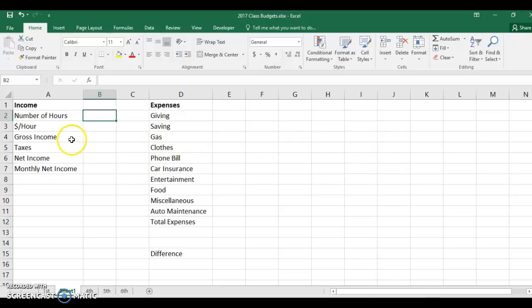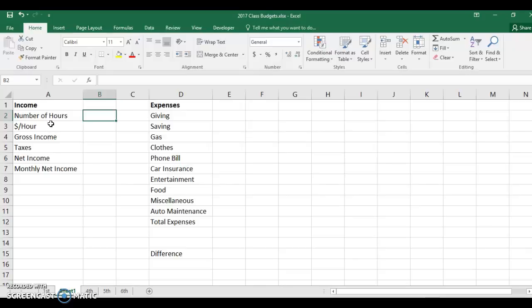Okay, so income. When you're creating a budget, you have your income section and you have your expenses. Income, money coming in; expenses, money going out. You want to manage that money, right? And it starts with knowing how many hours you're going to be working.